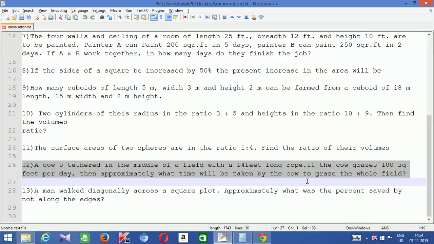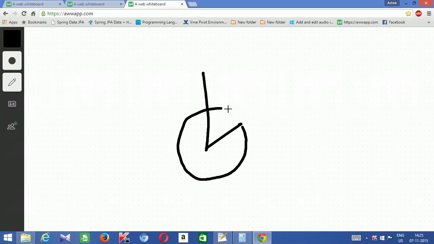Fine. So a cow is being tied in the middle and it has some rope, and the cow can graze like this, right? So typically it forms a circle. Assume in a field you have a standing pole and the cow is tied to it, so it can move along. It forms a circle when it grazes a field.